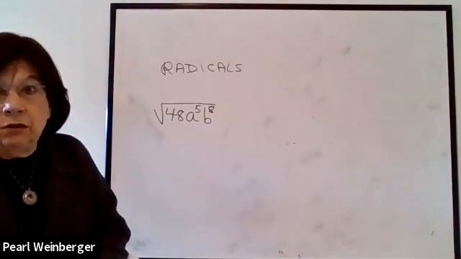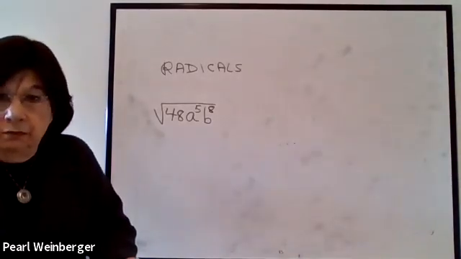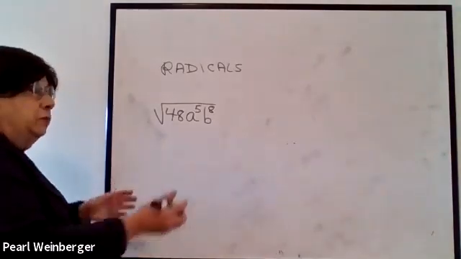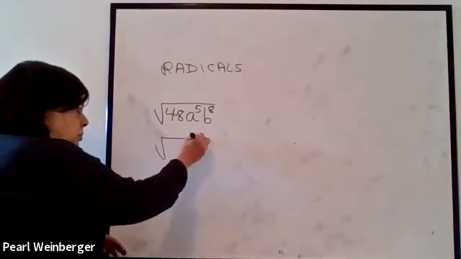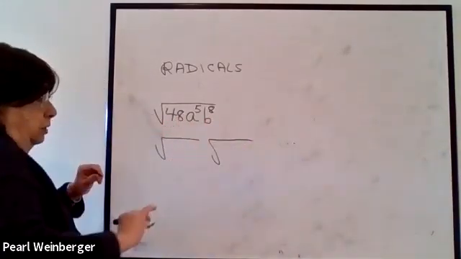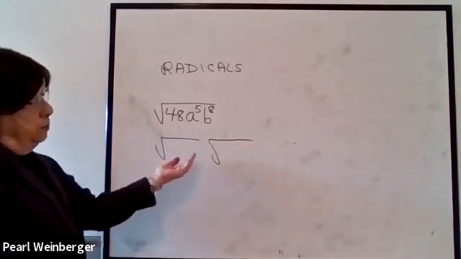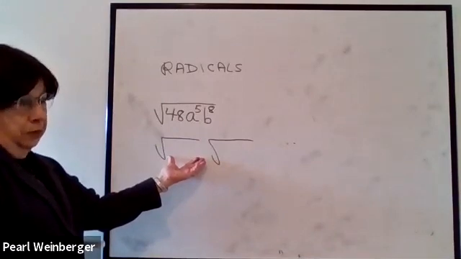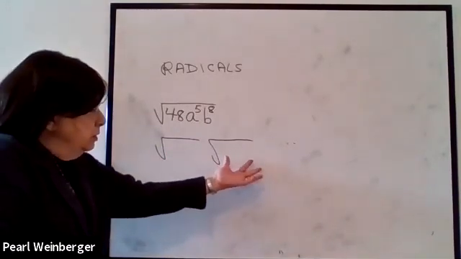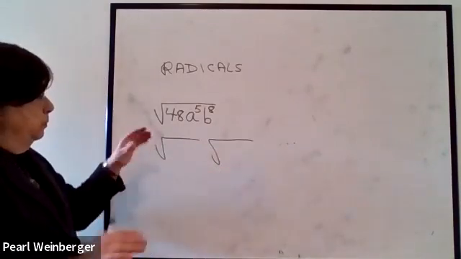Let's say I wanted to simplify this radical. So that means I have to break it up into 2 radicals. I'm going to separate this into 2 parts. The first part is going to be a perfect square part, so I'll be able to take its square root. And the second part is going to be everything that's left over.